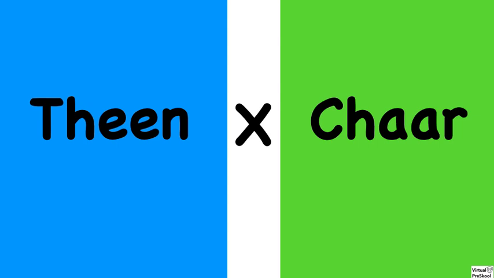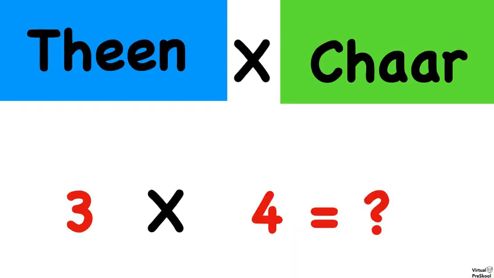And if you get confused, then count. Use your Hindi counting to count. Ek, do, teen. Teen is 3. And chaar, ek, do, teen, chaar is 4. So the math problem is 3 times 4.